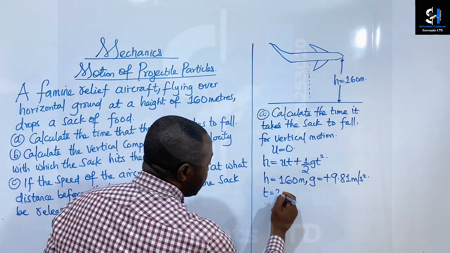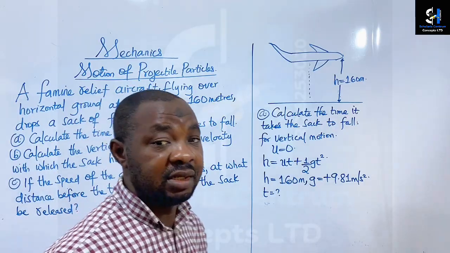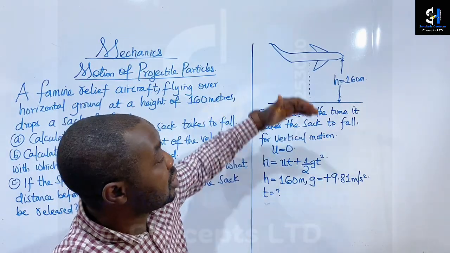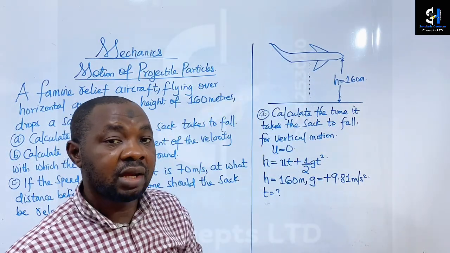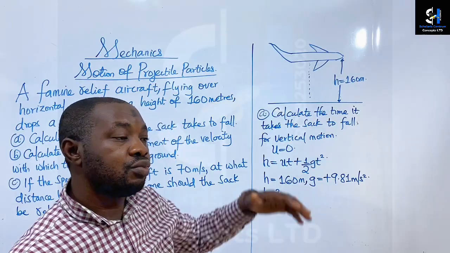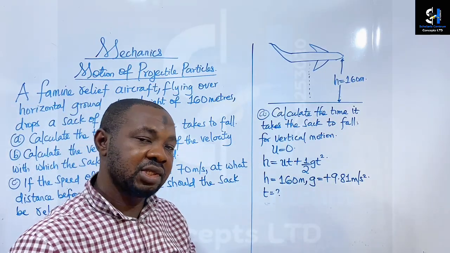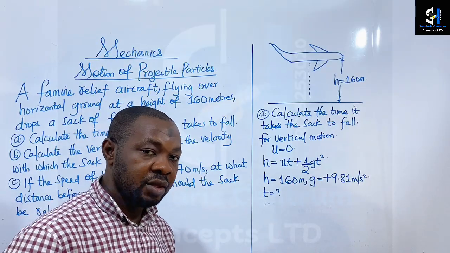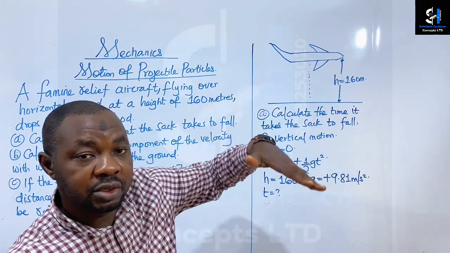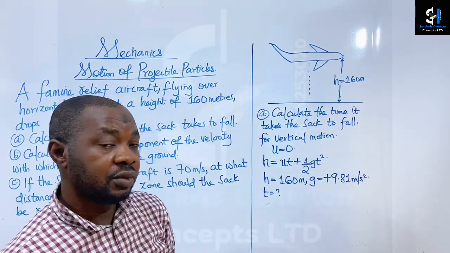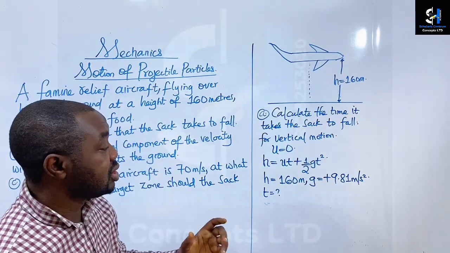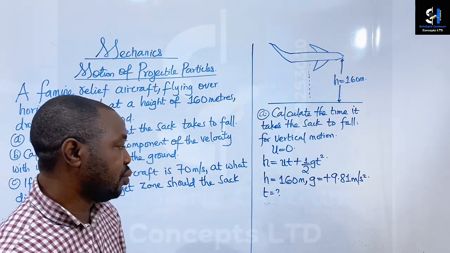Now we want to find the value of time t. Because the aircraft drops the sack to the ground, it will move in the direction of gravitational acceleration, that is the acceleration of free fall, so g will be positive.